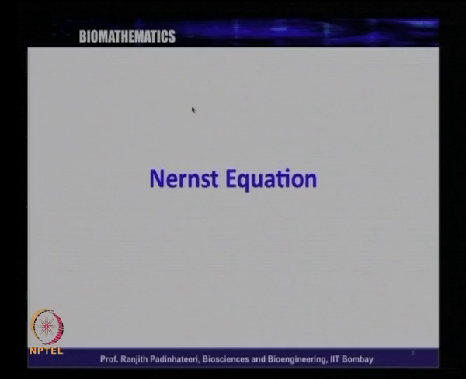This is an equation that relates the potential across a membrane to the concentration of ions. So, if you know that there is NaCl, KCl, salt solutions in the cell, they are in water, typically K appears as K plus. In solution in cells there will be K plus and Cl minus.